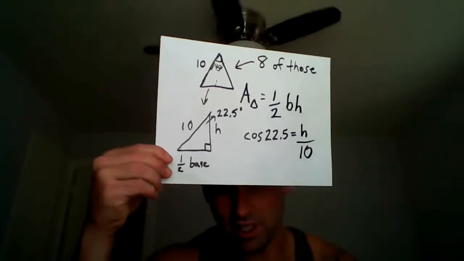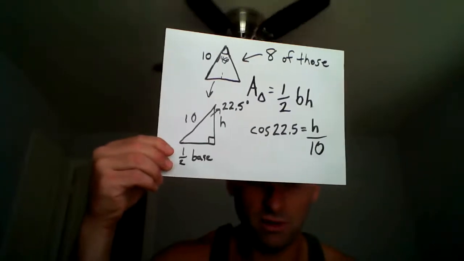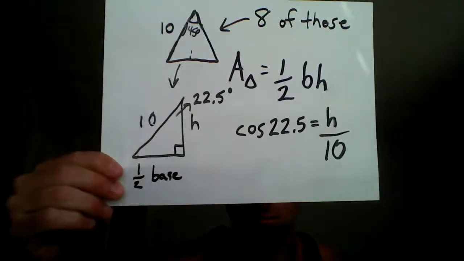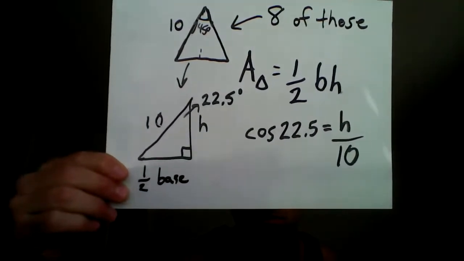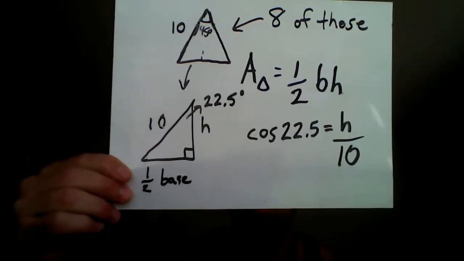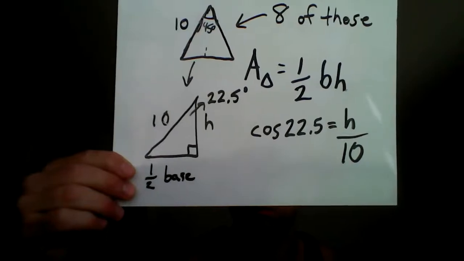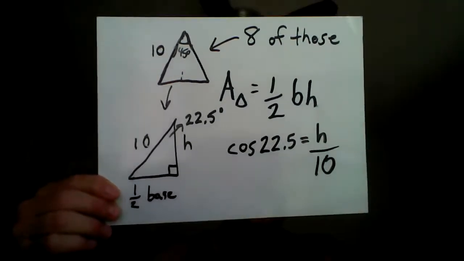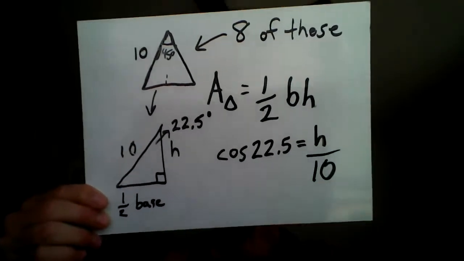So how do we get rid of the 10 underneath it? What do we have to do to both sides? Yep, multiply by the bottom. So multiply both sides by 10.